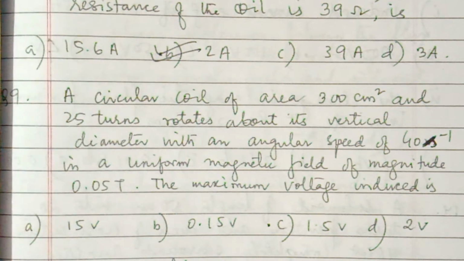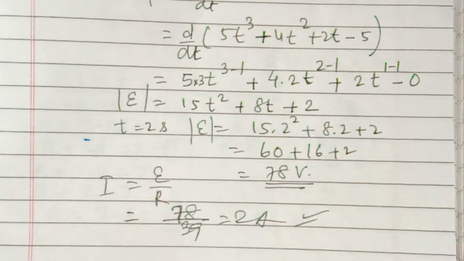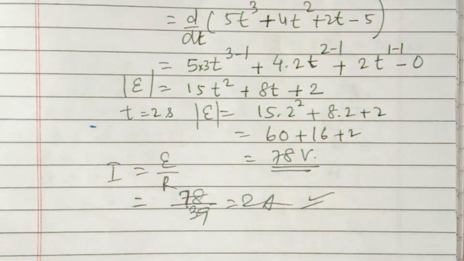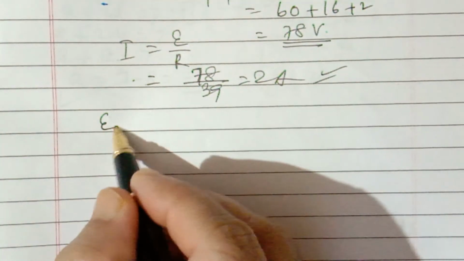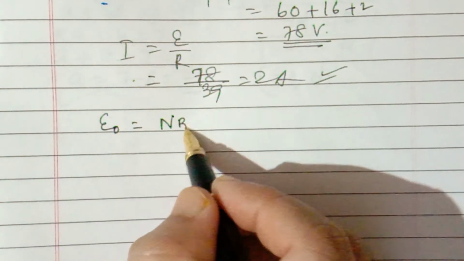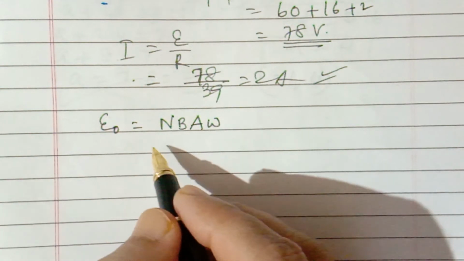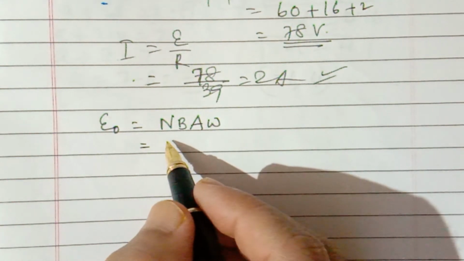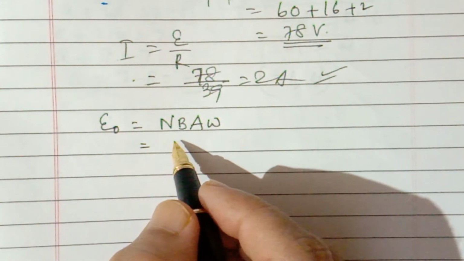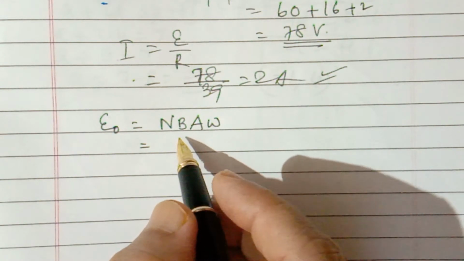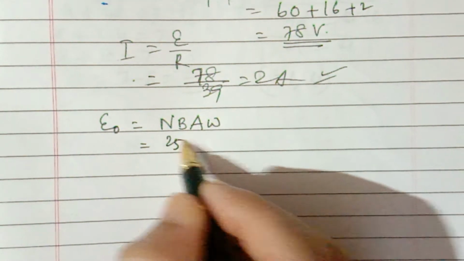So here also, the maximum EMF induced for the rotating coil is EMF is NBA omega. So this is the formula. So how many turns are there? 25 turns.